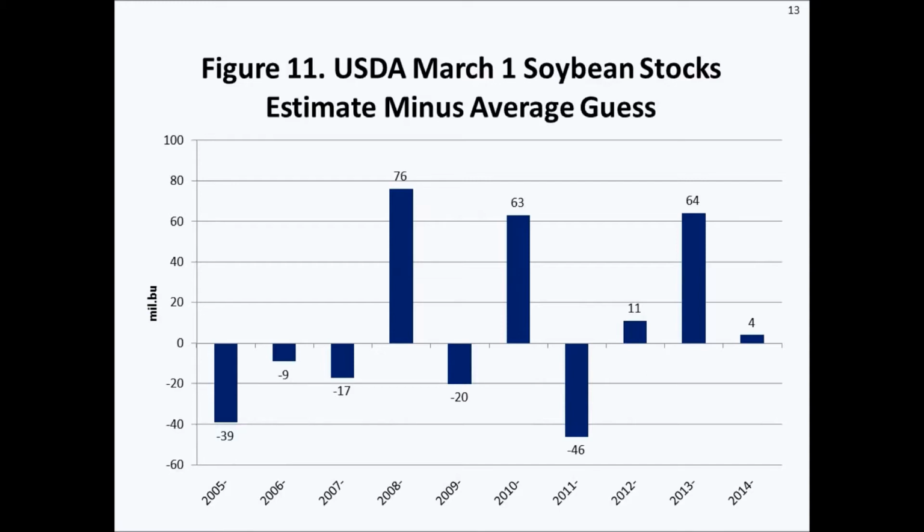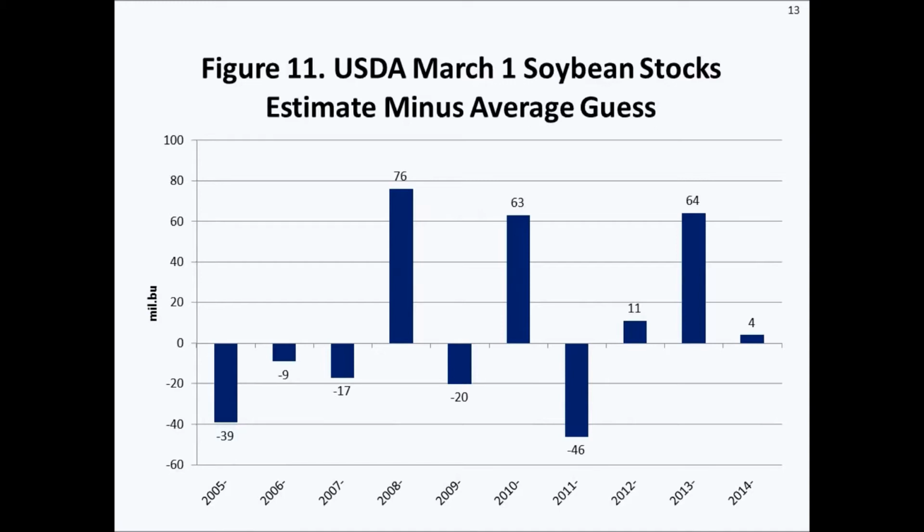So you would say on the surface, no surprise in today's stock report on soybeans. I'm not sure how we square the price reaction to that today. We did see a pretty strong up move in old crop soybean prices.